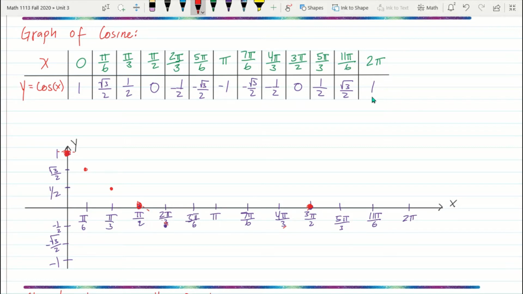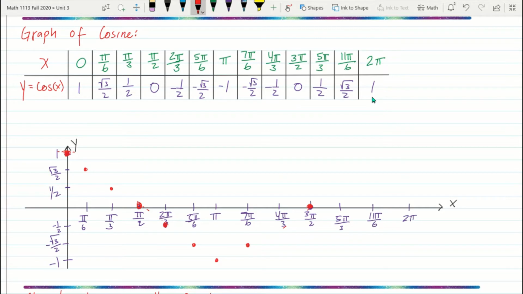At 2 pi over 3, we start going down below. Then 5 pi over 6, we get the negative square root of 3 over 2. At pi, we get a -1. And it's the same thing as before, right?